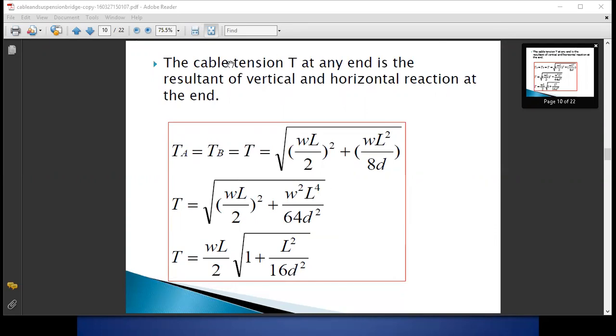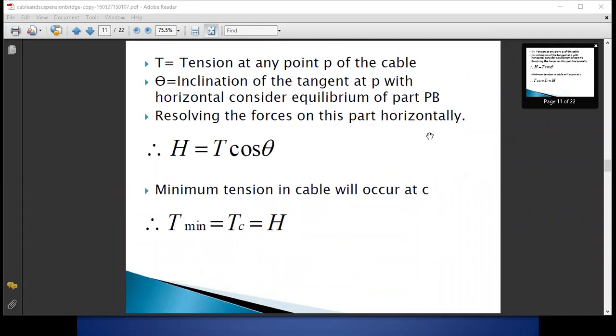So as you know, the resolution of the forces, right? So T is the tension at any point P of the cable, as you can see in the previous diagram also.